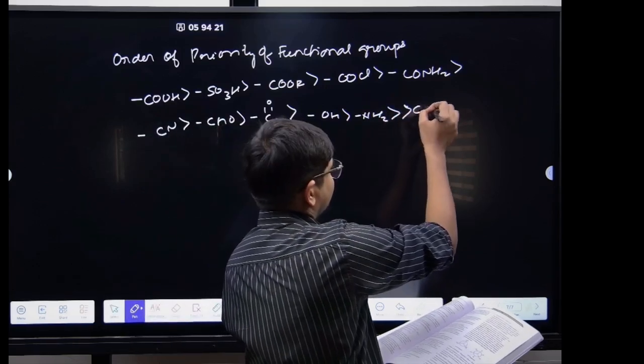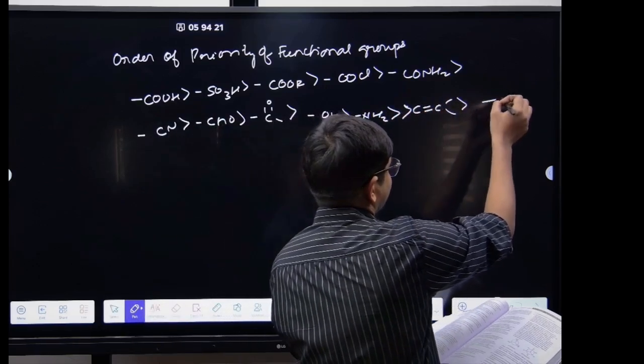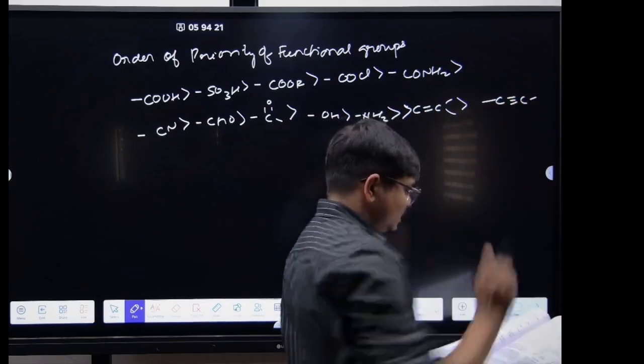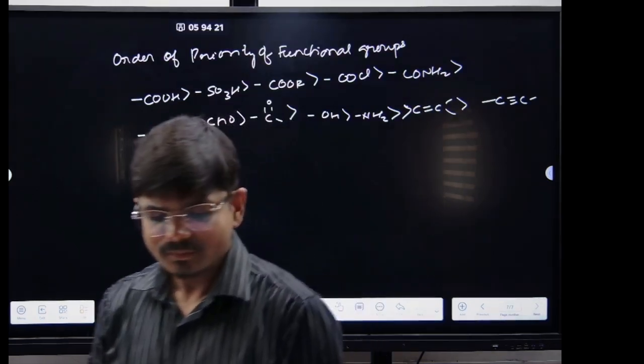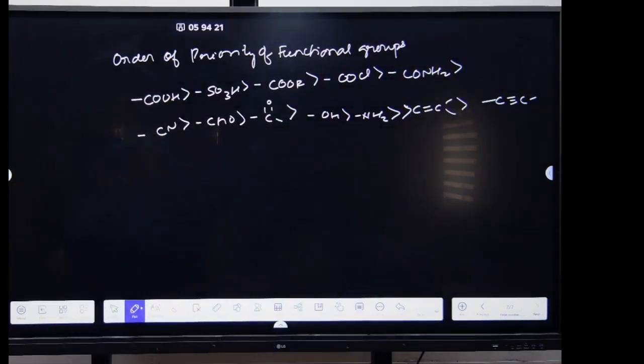You have C triple bond C, then you will have this one. These are basically the order of the decreasing priority of the functional groups. Now why is it important?